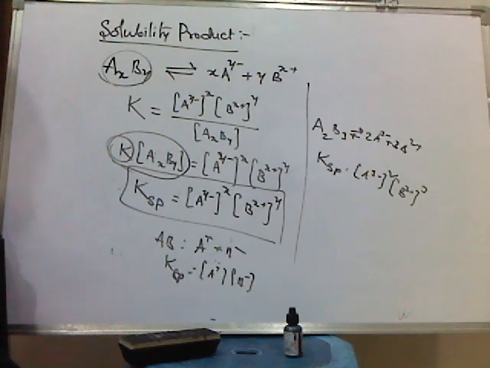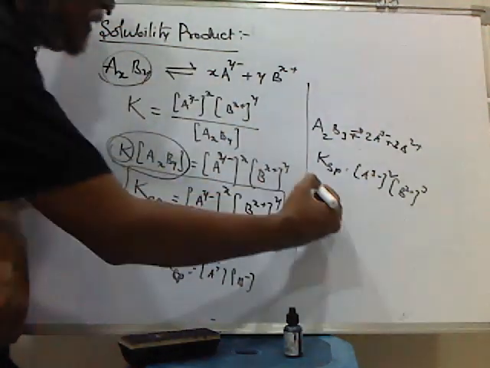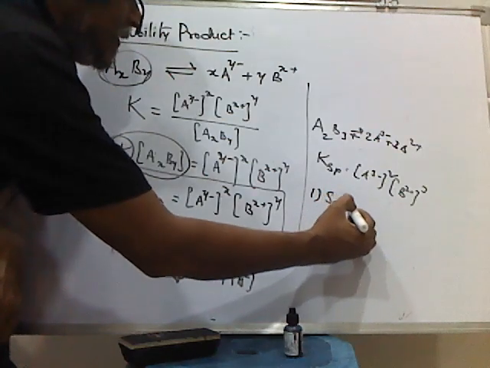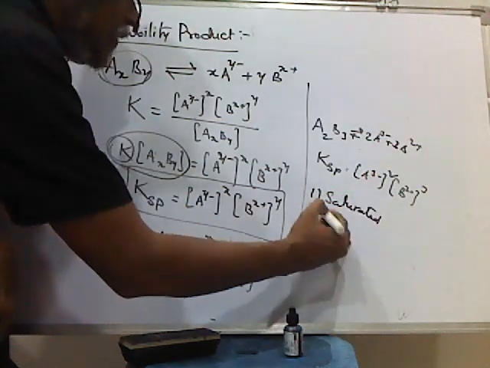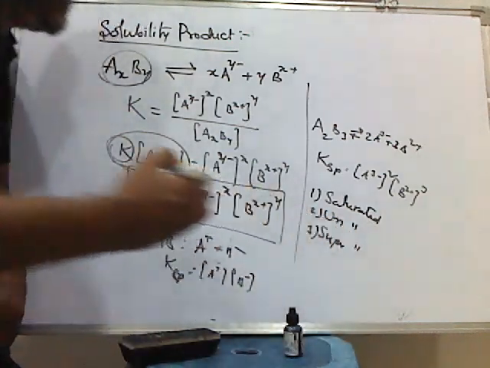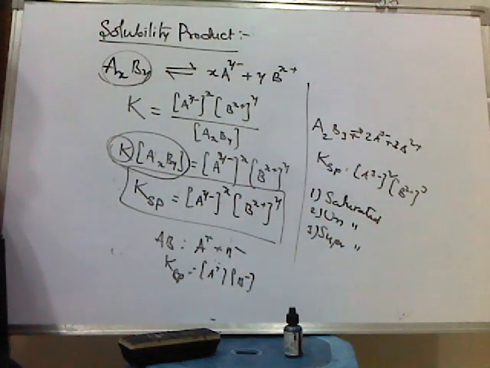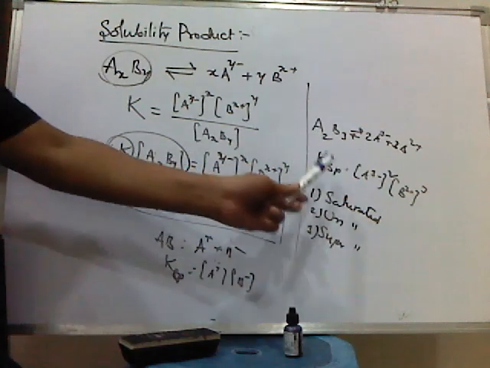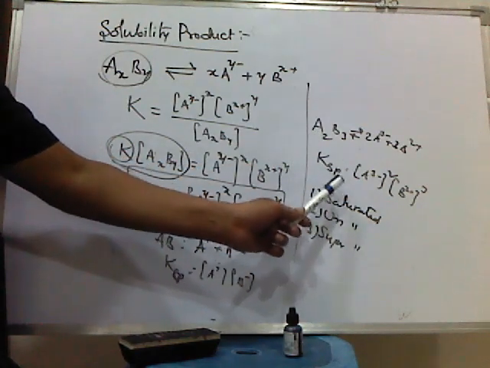We know that solutions are classified into three types: saturated, unsaturated, and supersaturated. Saturated means, suppose you take a glass of water and it can dissolve one spoon of sugar; if you dissolve one spoon of sugar, then the solution is saturated.